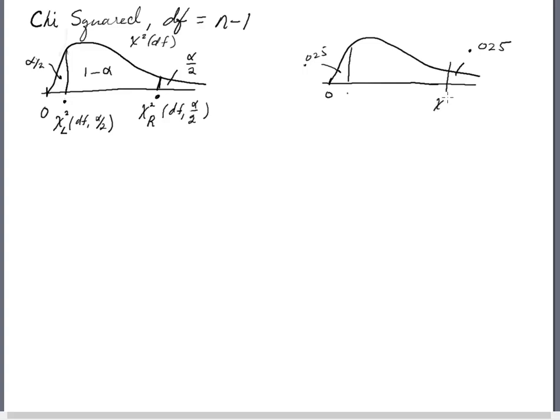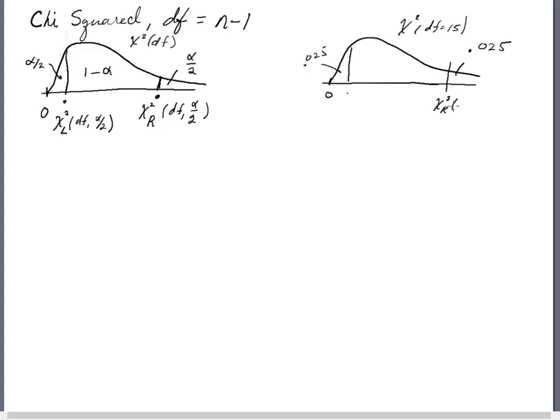Symbolically, they would be chi-square, right-hand side. Now our degrees of freedom is what? Well, we're making this up as we go along, but let's just say this is going to be a chi-square with degrees of freedom equal to maybe 15. That would be the result of taking a sample of size 16, so the degrees of freedom would be 1 less than the sample size.